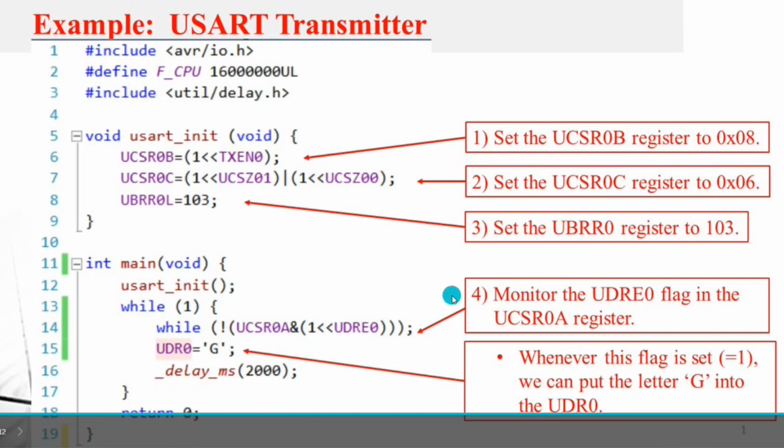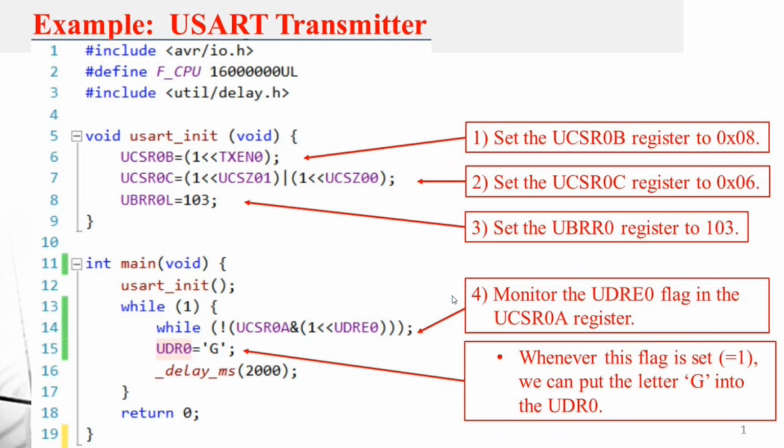So the output will be that it will show the letter G every 2 seconds.